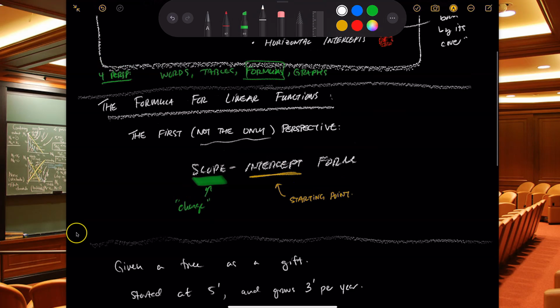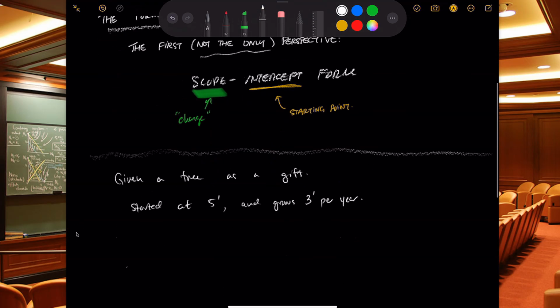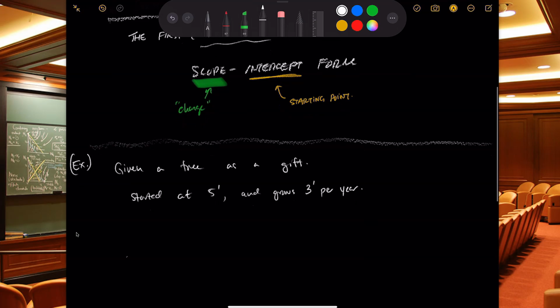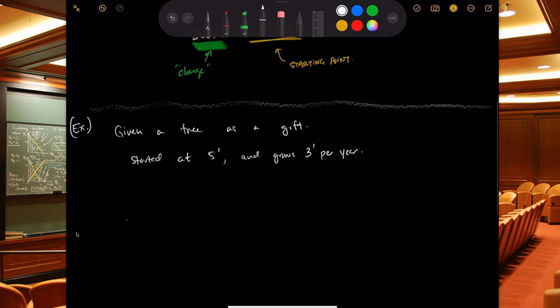Let's say, for example, we'll go through a little exploration here, that I was given a tree as a gift, that it started at 5 feet tall. It's like a little sapling or adolescent tree, and it grows 3 feet per year. So is this a good fit for a linear function?